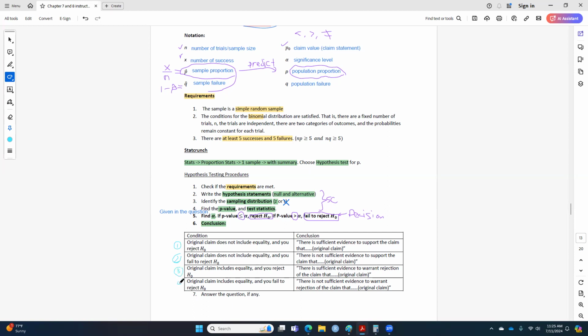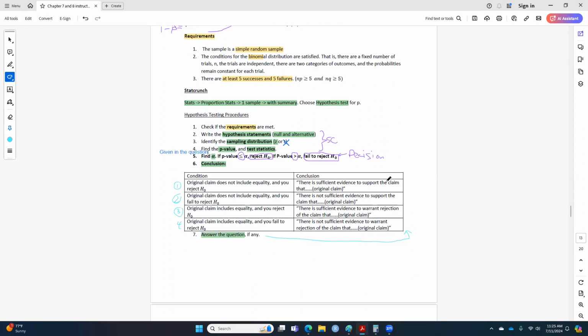And then the last one that we have here is to answer the question. Usually the answer to the question can be, as I mentioned, based on the conclusion you draw. If you make this conclusion, it means yes. If you make the second and third conclusion, it is no. The last one is yes. Yes means valid, good, true.